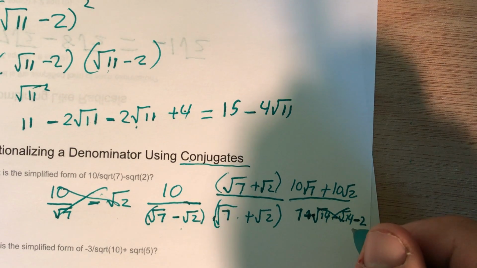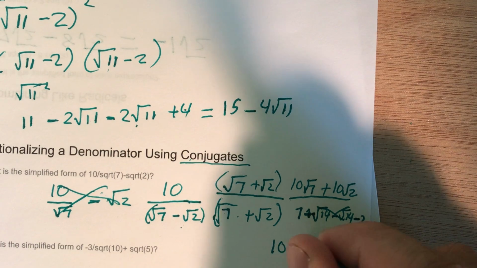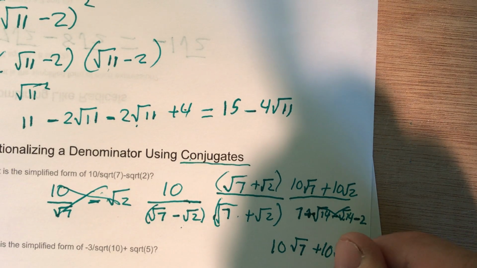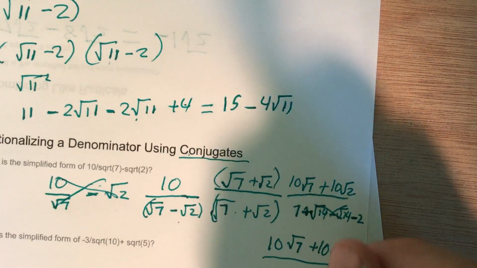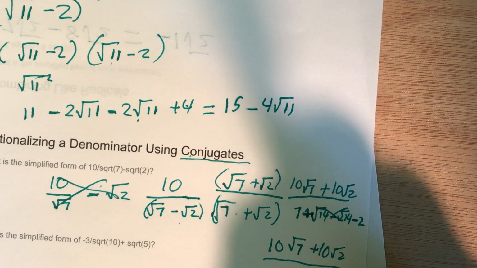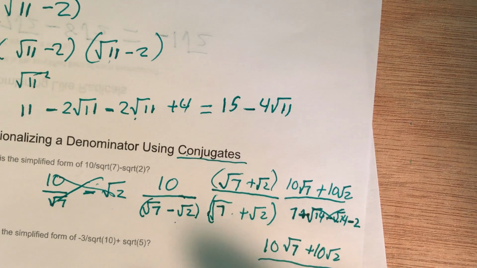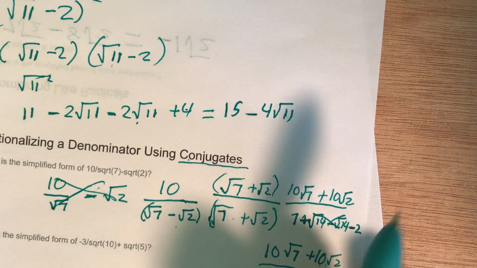So you're really going to be with 7 minus 2, which is 5. 10 square root 7 plus 10 square root 2 over 5. You can take 5 out of both of these. You end up with 2 square root 7 plus 2 square root 2. Okay? Because if you're going to divide here, it has to come out of both of these because you're adding. Okay.